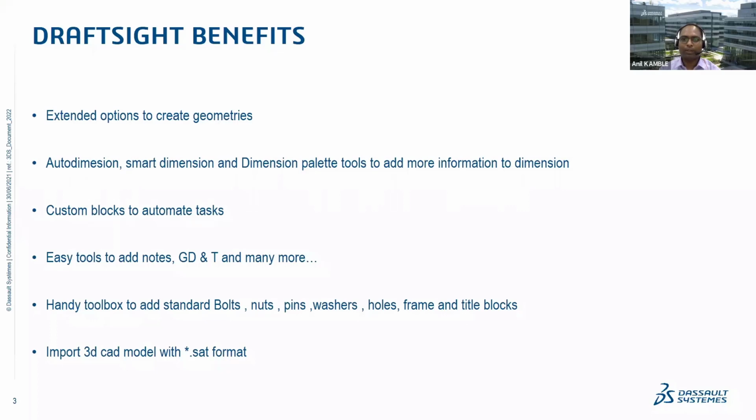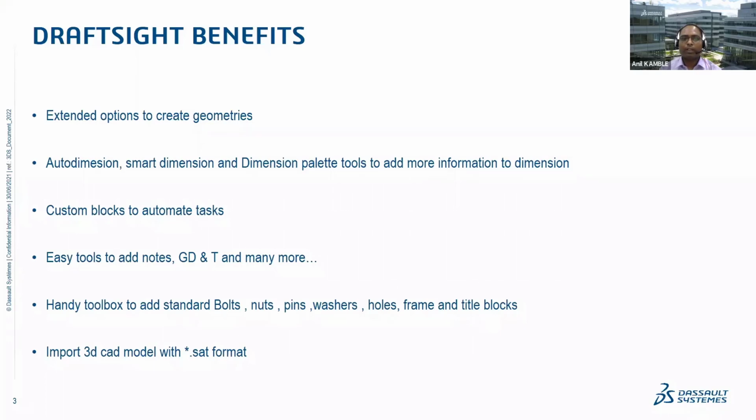You can use them and create the geometries the way you want. The auto dimension functionality, smart dimension and dimension palettes will help you furnish the information the way you want. The dimension palette is a very handy tool to add more information to the dimensions.